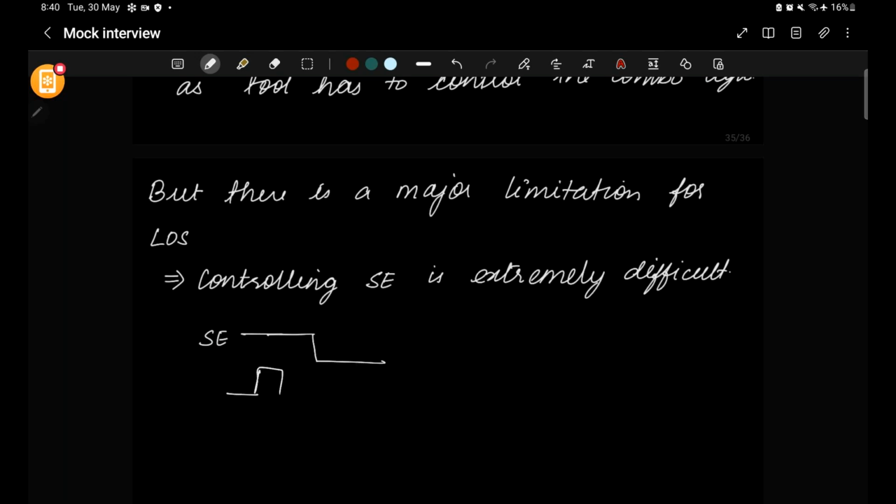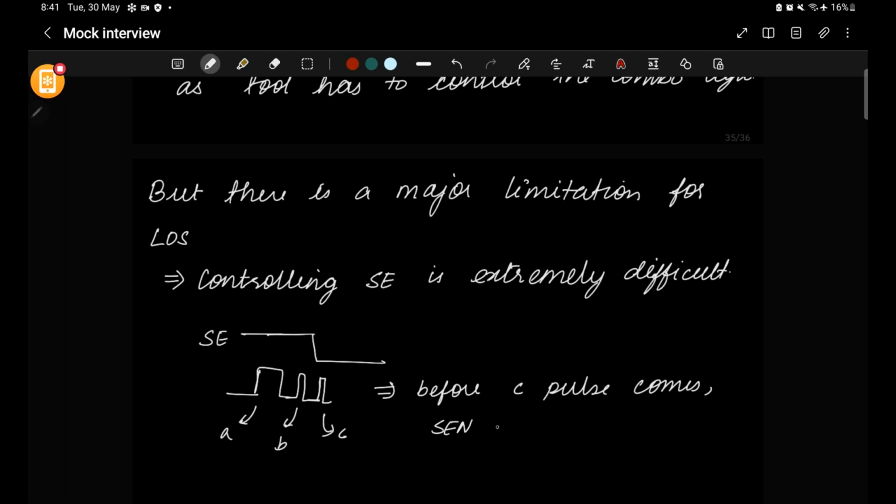So this is the A pulse, this is the B pulse, and this is the C pulse. Before the C pulse comes, scan enable has to be made 0.